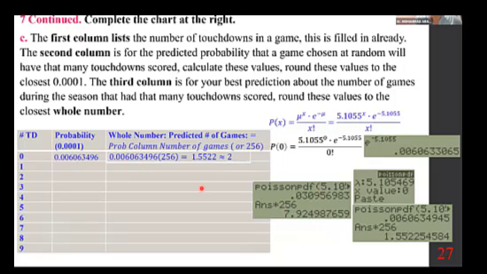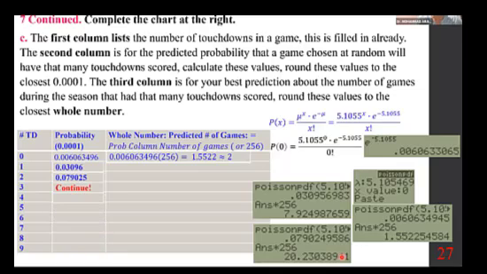That means if we plug in 1, we get the probability here and the number of touchdowns. And the next one, this is the probability for number 2 with the number of games as follows. So we put those numbers, this one here, this one, both of them are probabilities.